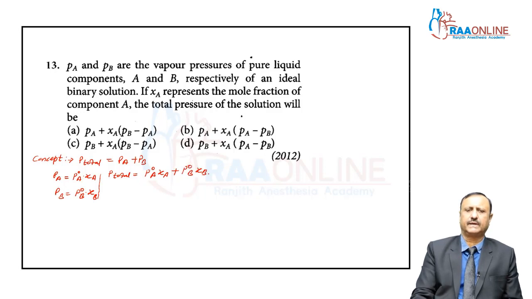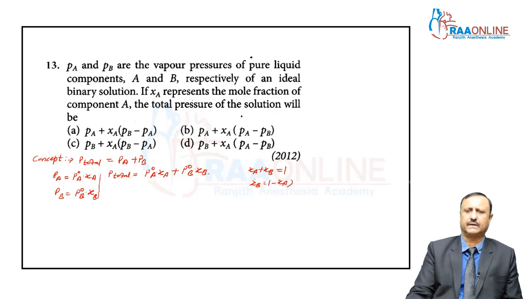Now, we can see here, my dear students, P0A into XA and P0B into XB. What is the relationship between XA and XB? Here we can see that XA plus XB equals 1. So, XB is equal to 1 minus XA.